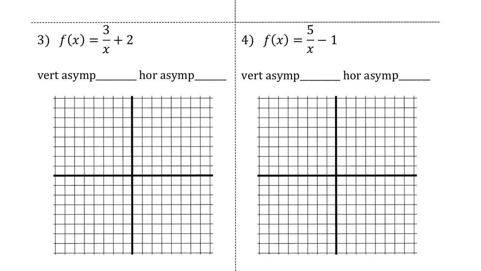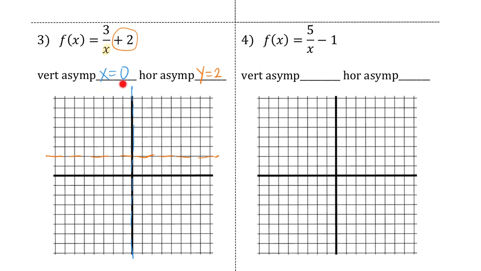Now if we look at number 3, let's do the vertical again. If I plug in 0, it's going to make this graph have a vertical asymptote. Horizontal asymptote: since this is moving up 2, my horizontal asymptote will be at y equals 2. Those are so important to my graph. I just need one good point on either side of my vertical asymptote to get a good sketch.